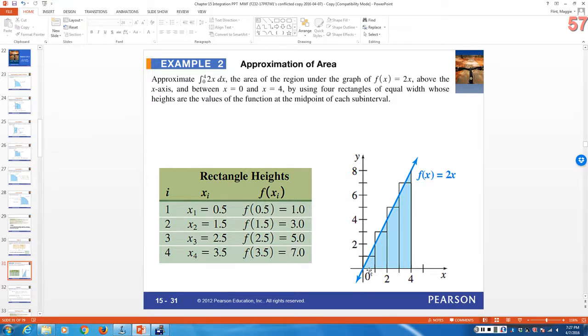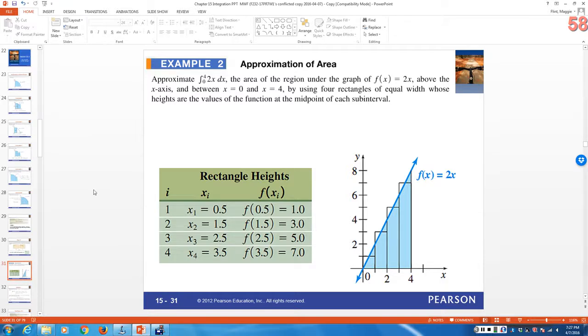It goes up to 1. So this rectangle is 1 unit tall. The second rectangle is 3 units tall. The third rectangle is 5 units tall. The fourth rectangle is 7 units tall. And all of them are 1/2 unit wide. So 1/2 times 1/2 times the total of all these gives us the exact same area.